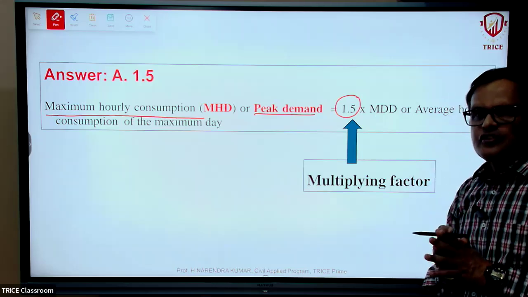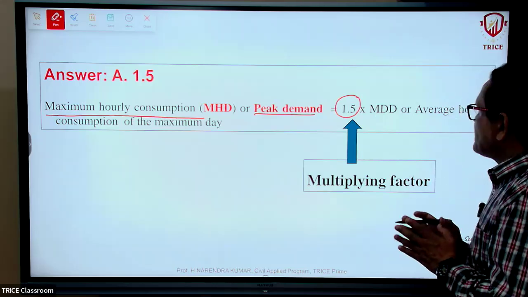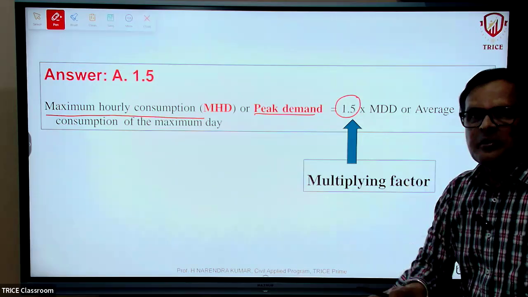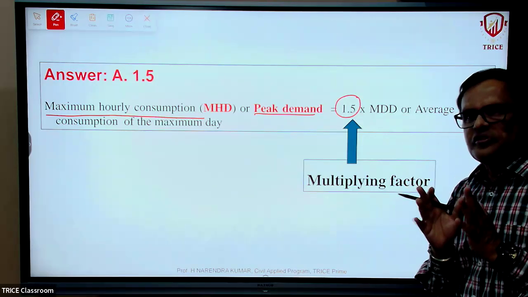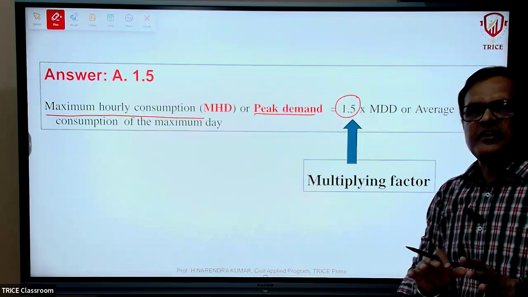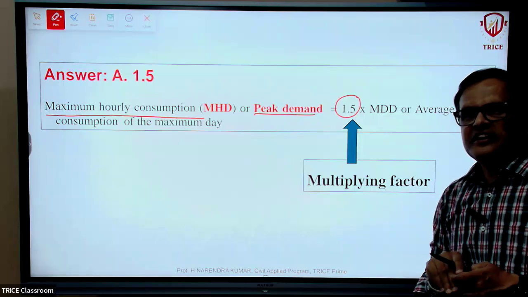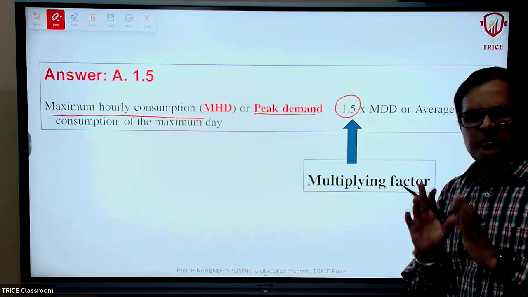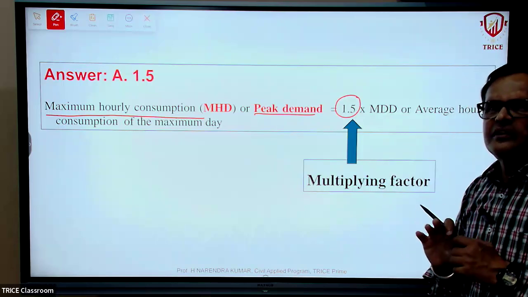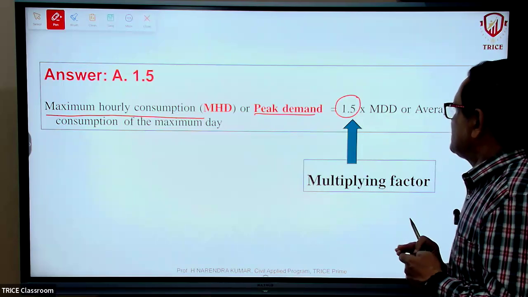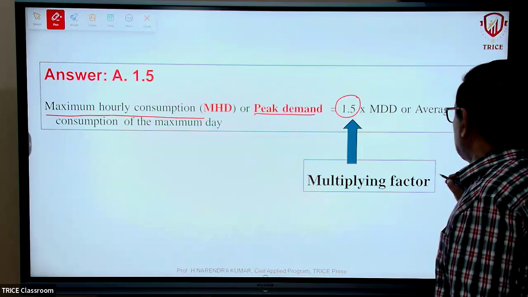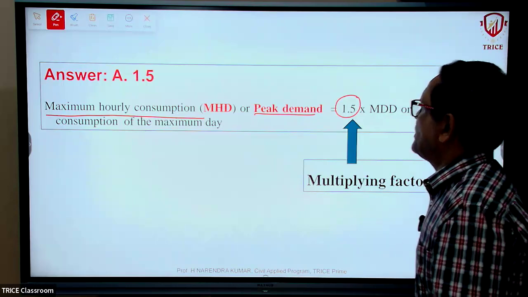Maximum daily demand is one name, the other one is average hourly consumption of the maximum day. If you consider average hourly consumption multiplied by 24, then it becomes maximum daily demand. This is nothing but memory. You need to keep everything in your memory. Maximum hourly demand or peak demand is equal to 1.5, so here the multiplying factor is 1.5.